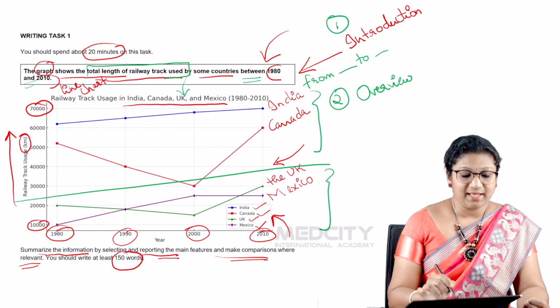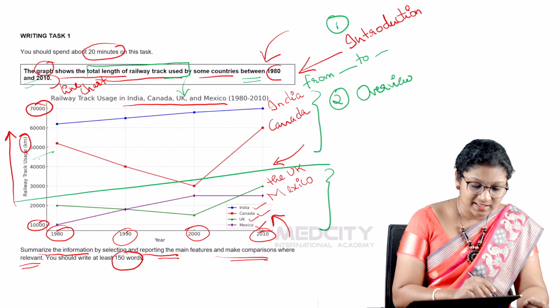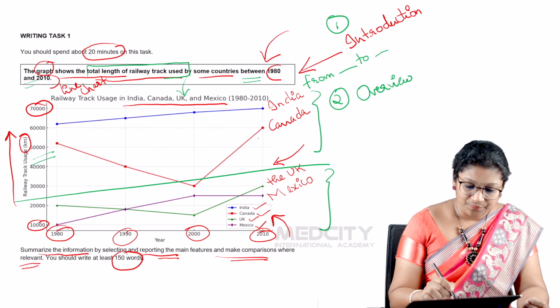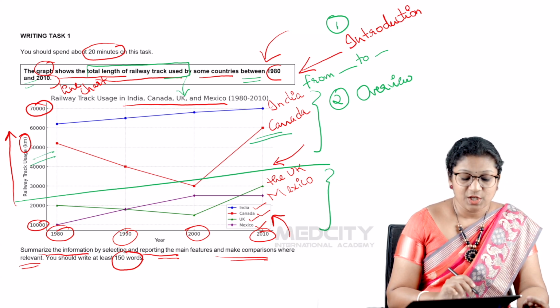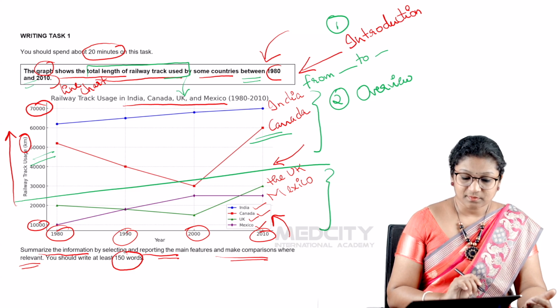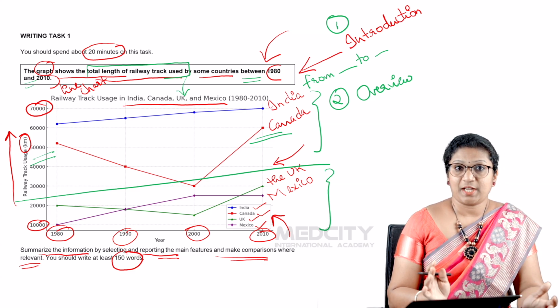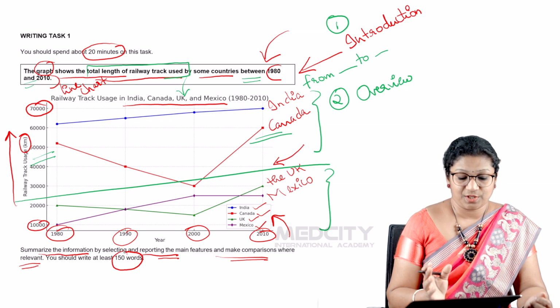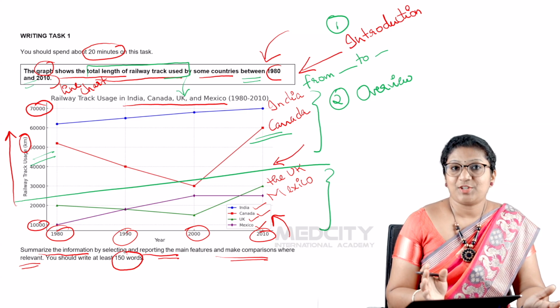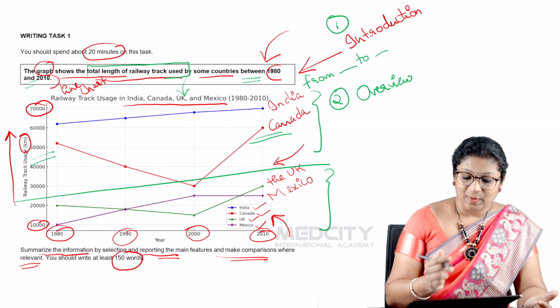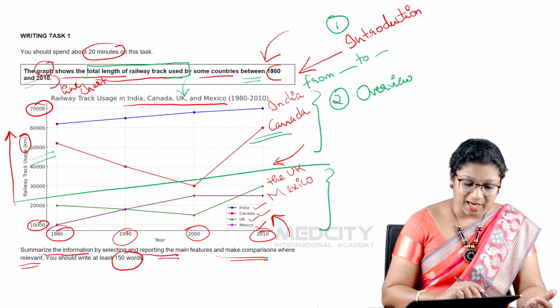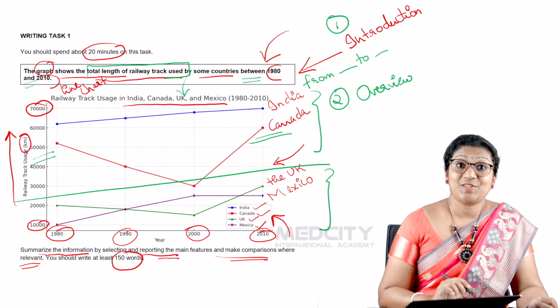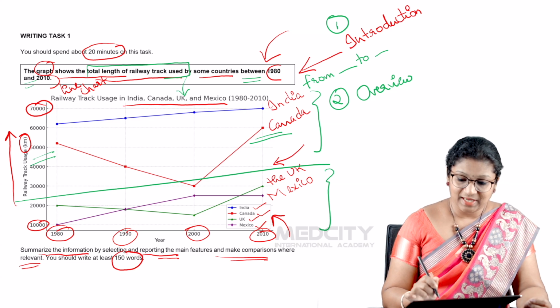In the case of India and Canada, the numbers are high, from around 50,000 to 70,000 kilometers. So we can say that the length of railway track used in both Canada and India was large, or there was more railway track used in both of these countries when compared to the UK and Mexico, which had lesser distance traveled using the railway track.